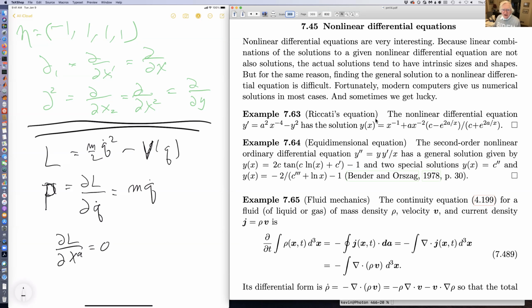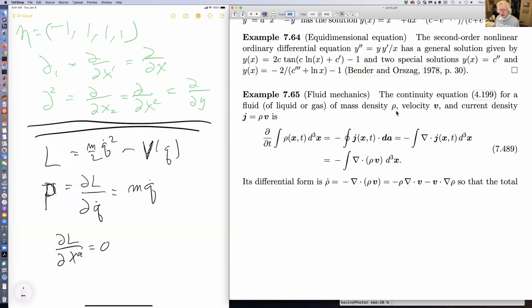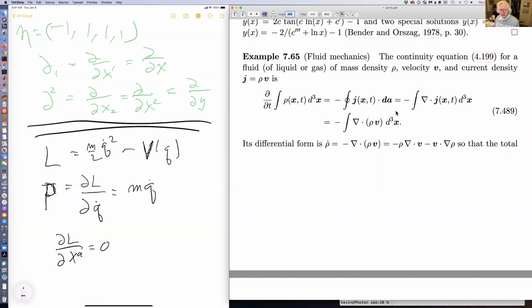I gave some examples. This is Riccati's equation, another equation. Fluid dynamics, maybe we should look at that just for a second. We've got mass density, rho, velocity, v, current density is J, is rho v.